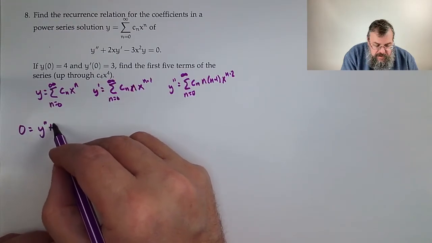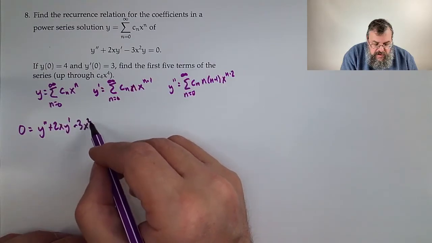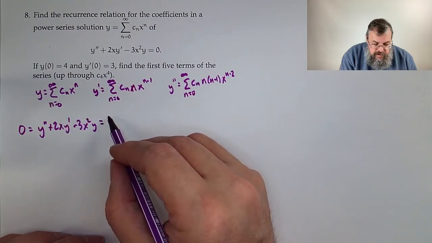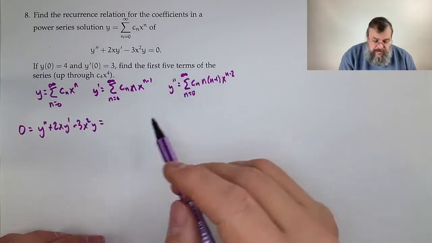y double prime plus 2x y prime minus 3x squared y becomes, well, y double prime, that's this piece here.